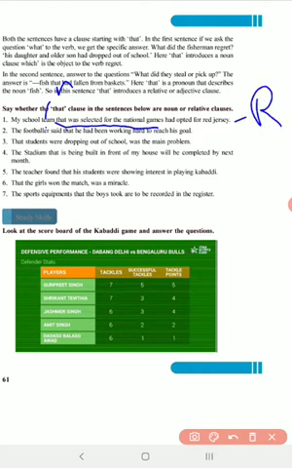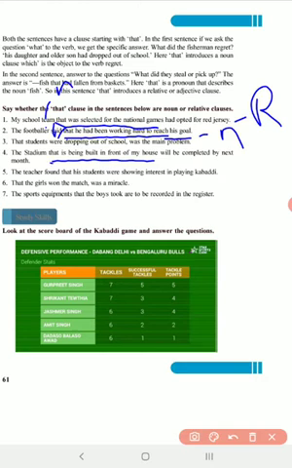Second one: the footballer said that he had been working hard to reach his goal. You see here, said is a verb, and therefore it is a noun clause. Third one: the stadium that is being built in front of my house will be completed by next year.